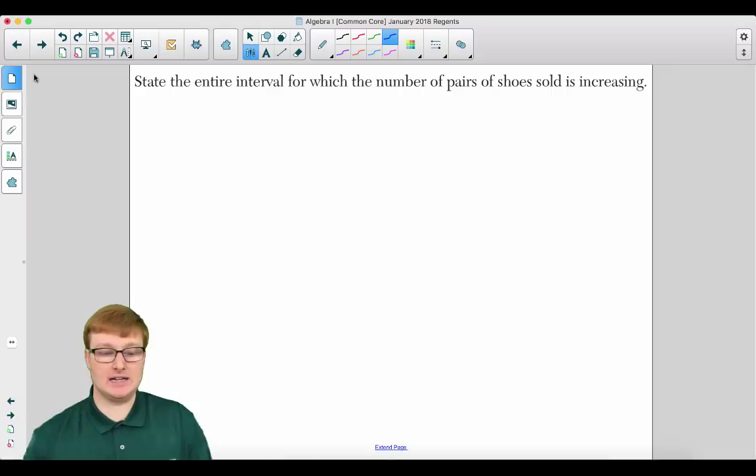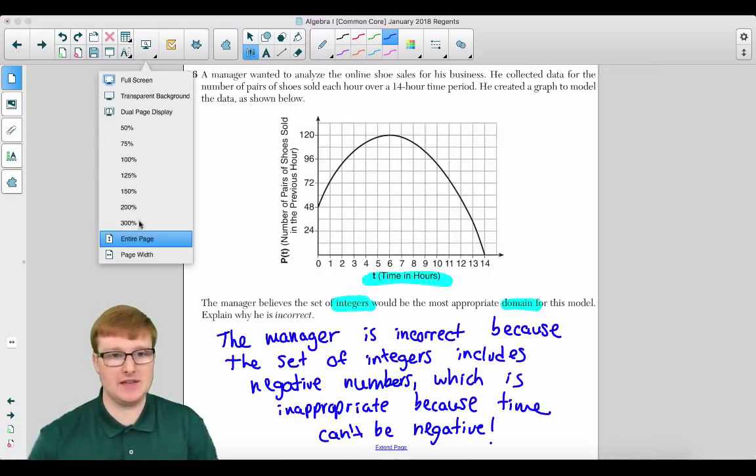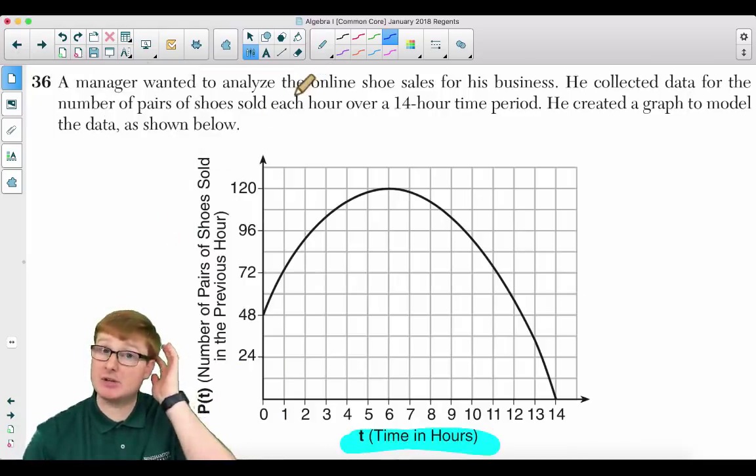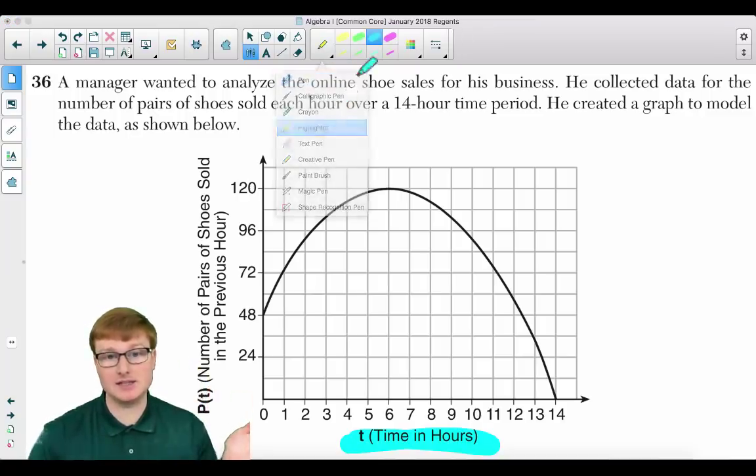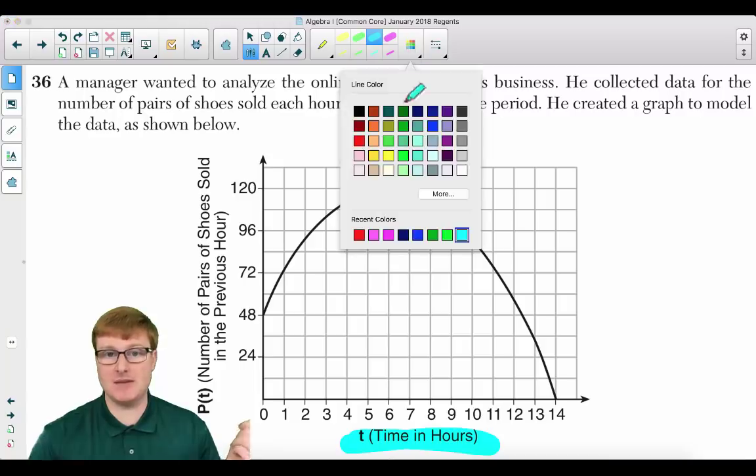Now things get a little tricky here because the state made a mistake, and I'll be more than happy to explain the two answers that they accepted. It says state the entire interval for which the number of pairs of shoes sold is increasing. There were two answers that they accept. I'll tell you what they were going for, because the people who write these exams sometimes have some serious misconceptions about mathematics.